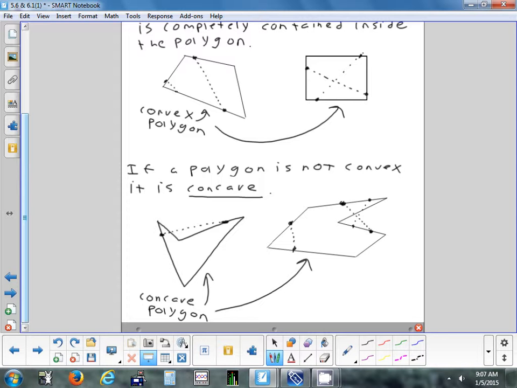Concave quadrilateral, convex quadrilateral. In fact, this is a concave quadrilateral. It's 4 sides. How about this shape on the right? It's a concave what? Concave hexagon. Yeah, 6 sides. That's a convex quadrilateral, and then a convex quadrilateral.